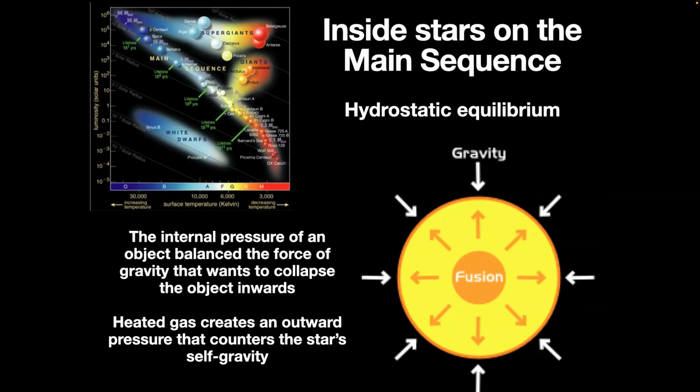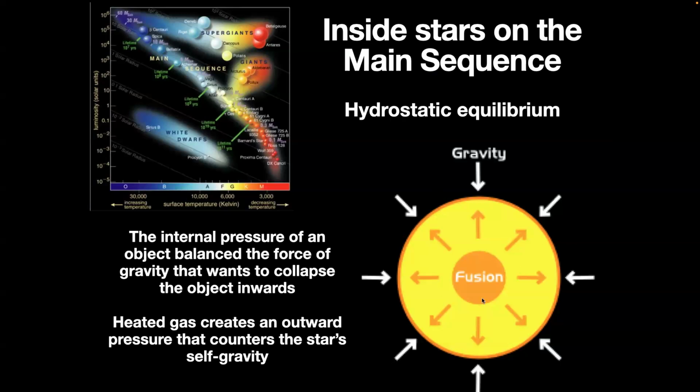Gravity is always working to pull a star in on itself. The reason it doesn't succeed is because of the fusion of hydrogen in the stellar core. This fusion creates heat, and that hot gas pushes outward. So this outward thermal pressure balances the inward gravitational force to create a stable ball that we call a star. And we say the star is in hydrostatic equilibrium.